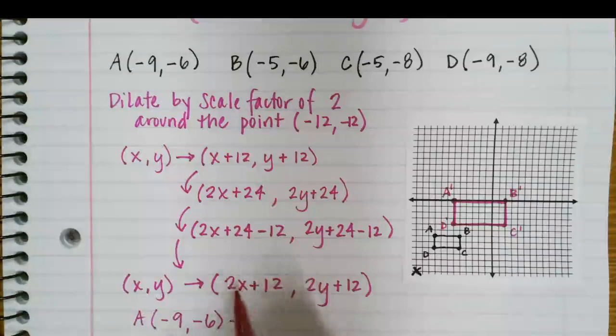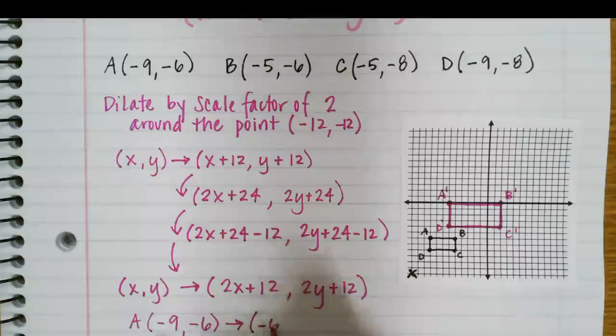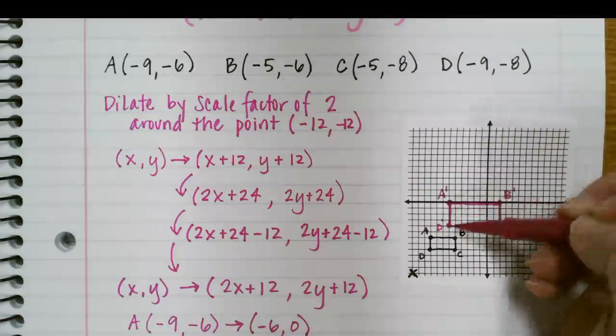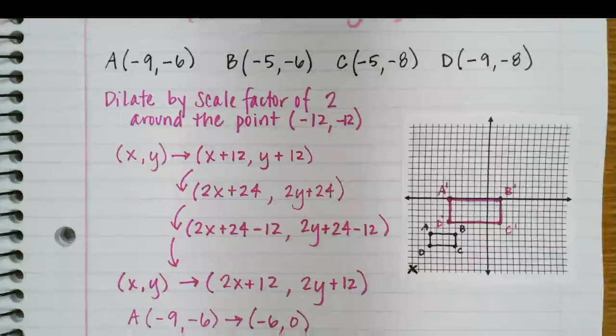I have to multiply this by 2, which would be negative 18, plus 12, which would be negative 6. And then for the y, 2 times this is negative 12, plus 12 would be 0. And sure enough, A prime ended up at negative 6, 0.